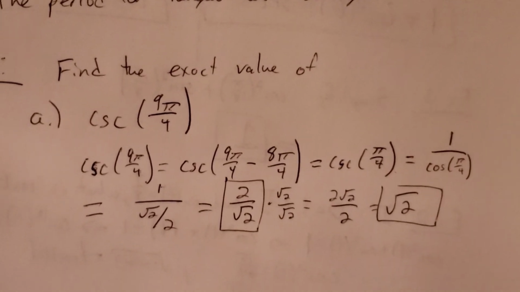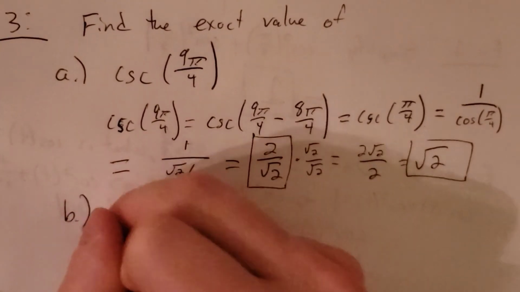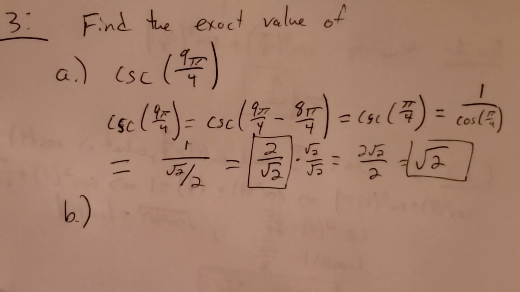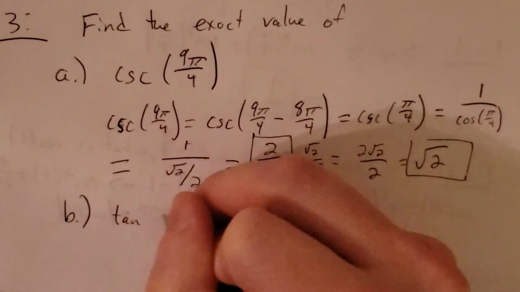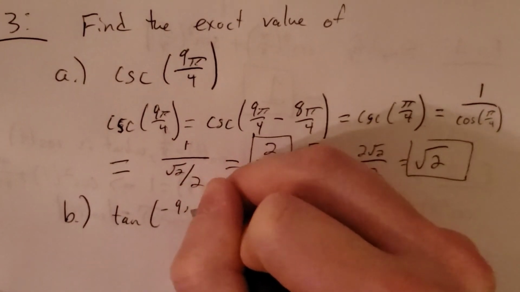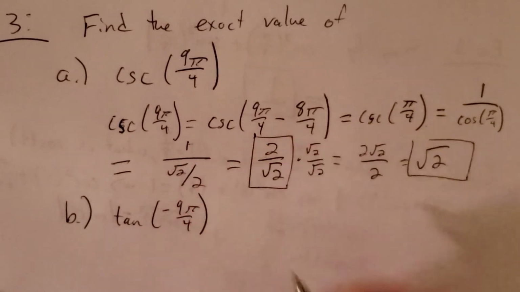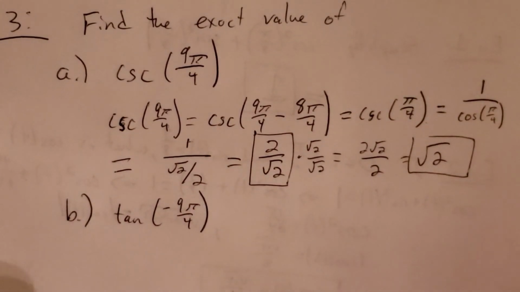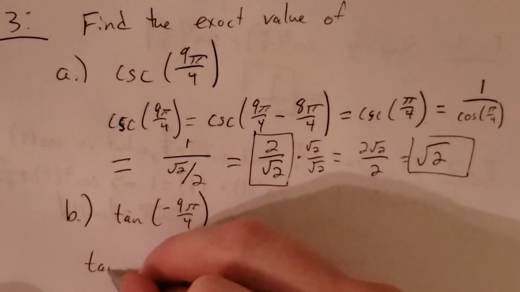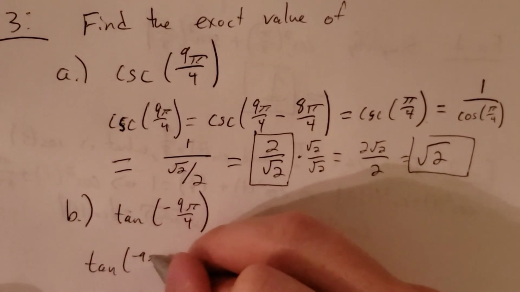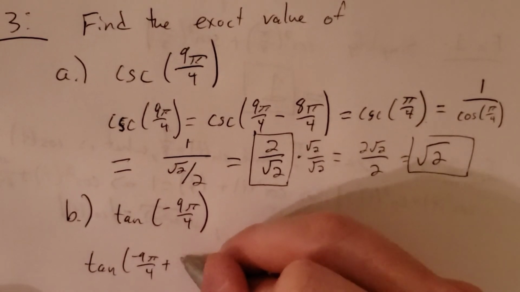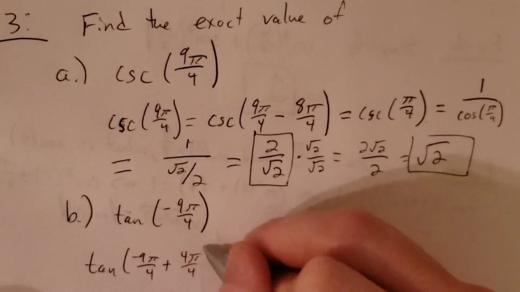All right, let's do another one. What about tangent of negative 9 pi over 4? Well, again, we can add pi. So let's add pi, which is 4 pi over 4.